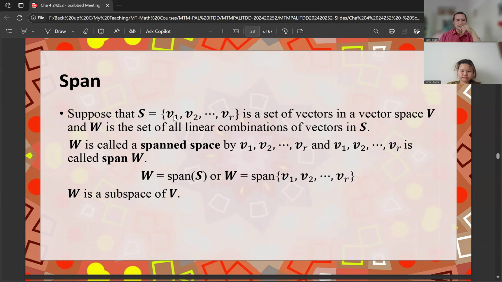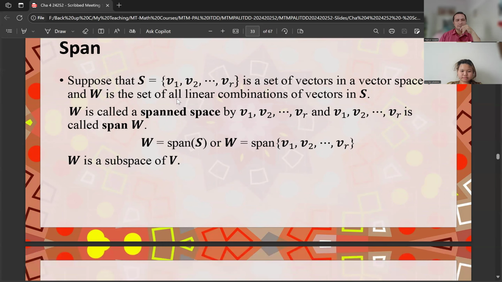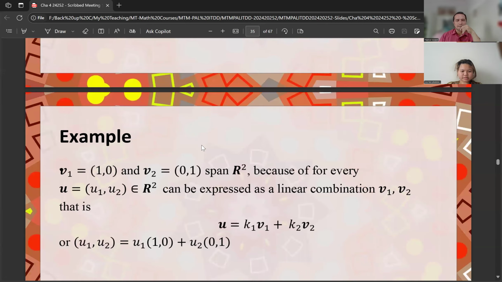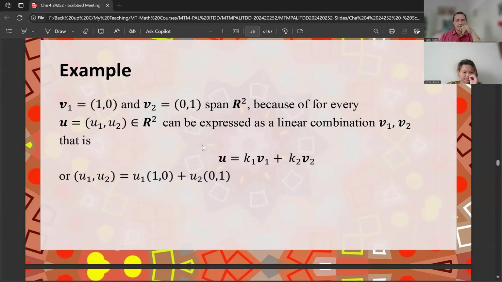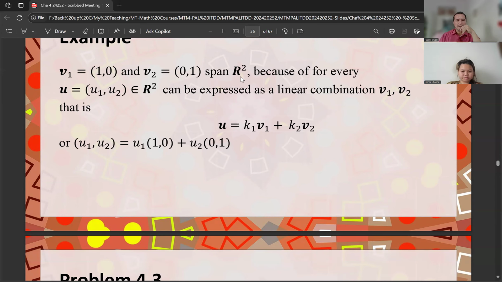This is the subspace spanned by a set of vectors. This is the notation: span of v1, v2, up to vr becomes W. Here is an example to prove this: we have two vectors, V1 and V2, and V1 and V2 span R2.